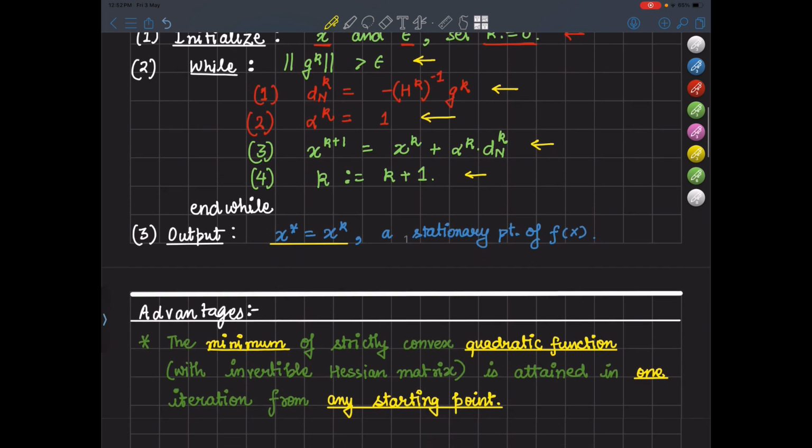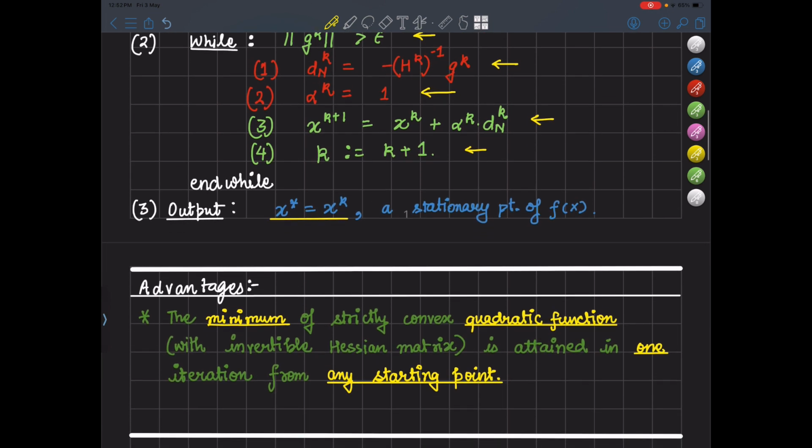Now there is one very big advantage of Newton's method over steepest descent method, concerning the minimum of a strictly convex quadratic function. If you have a quadratic function which is strictly convex, that is, it has one and only one local minimum, which is also a global minimum, and which has an invertible Hessian, so its Hessian matrix should be invertible, then we attain the solution in one iteration.